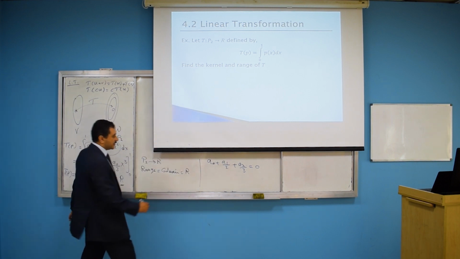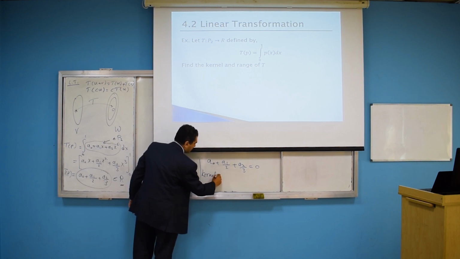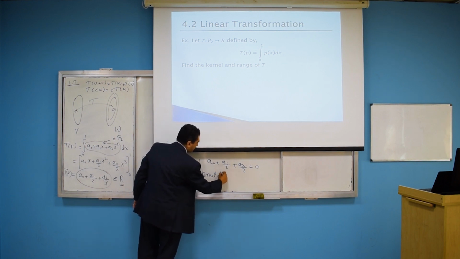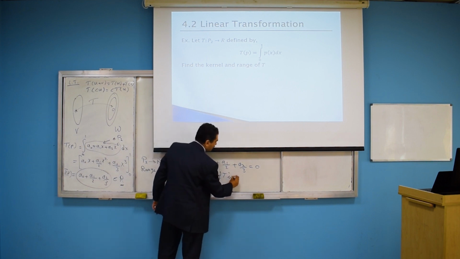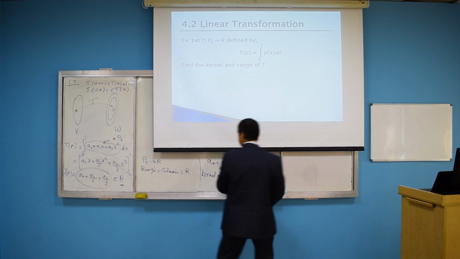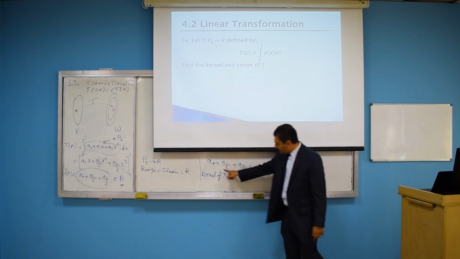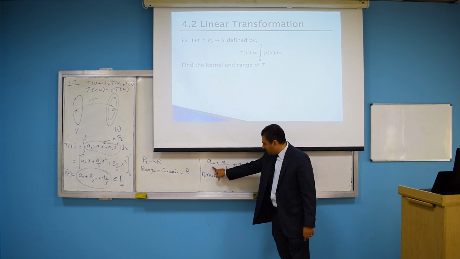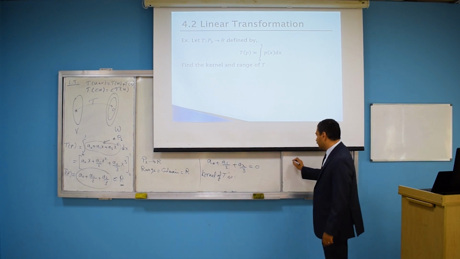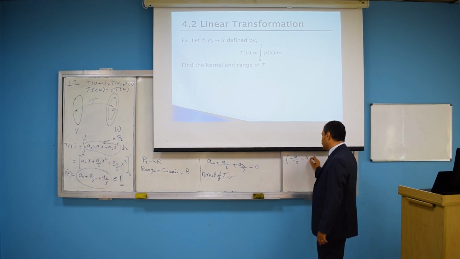So we can simply write that the kernel of T is, and then write the form of this polynomial with coefficients satisfying this equation. You can simply read from here a0 equals negative a1 over 2 minus a2 over 3.